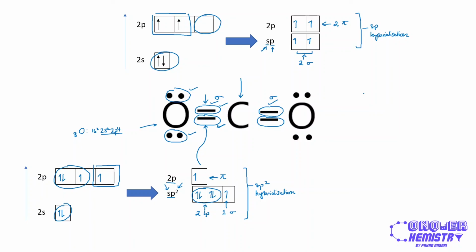And this is the reason why carbon atoms manage to form bonds with so many other atoms in so many different ways. That is why carbon is found in pretty much every living thing, because of the different types of hybridization it can go through when it forms bonds with other atoms.